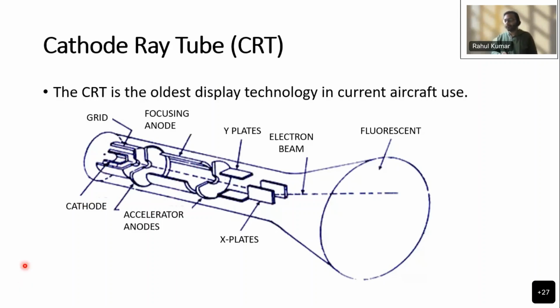The cathode is coated with tungsten. Tungsten is the same material which is used in light bulbs.